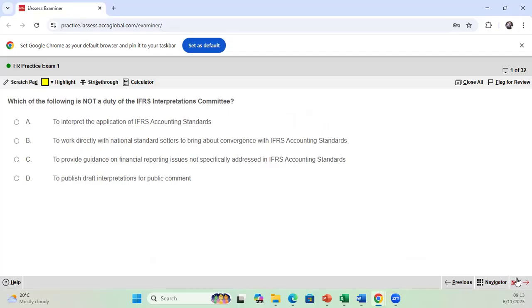Now looking at the answers that we are given, which one is not a role of interpreting? In other words, which role can we say is not a role of interpreting? Let me give you time to also try.